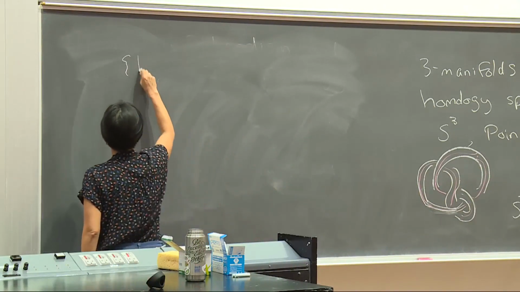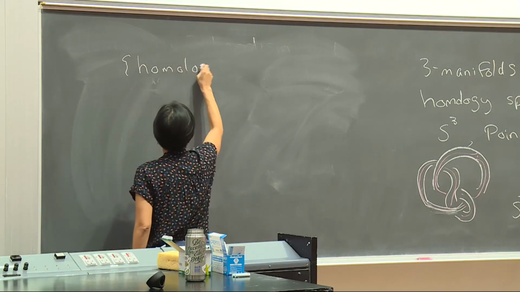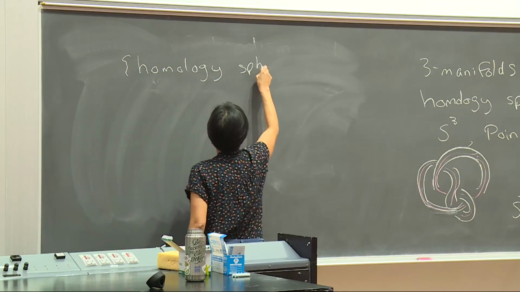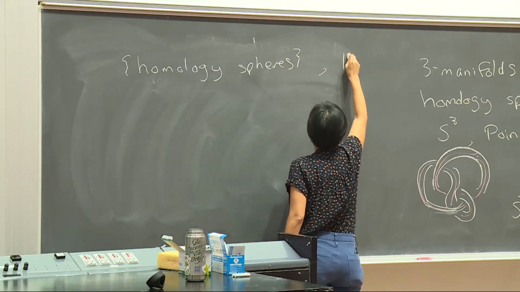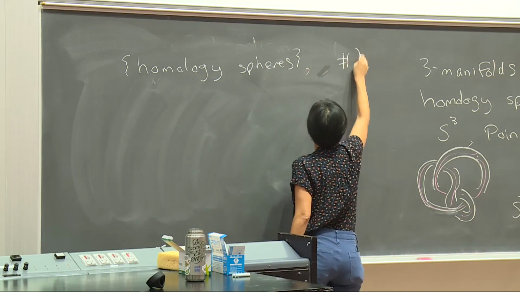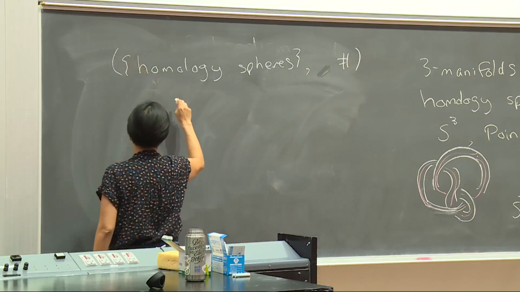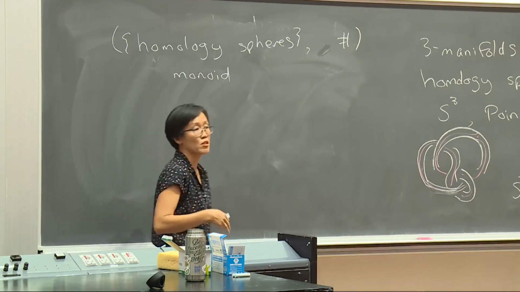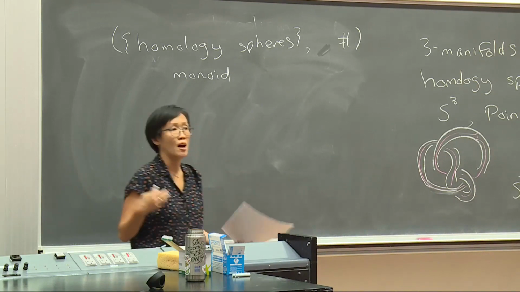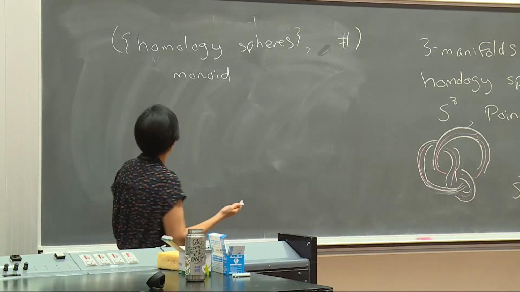So we look at homology spheres under connected sum, and we get this monoid. Well, we'd really rather have a group, right? So let's mod out by some equivalence relation and get a group out.